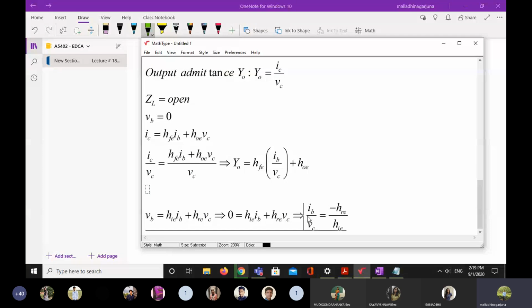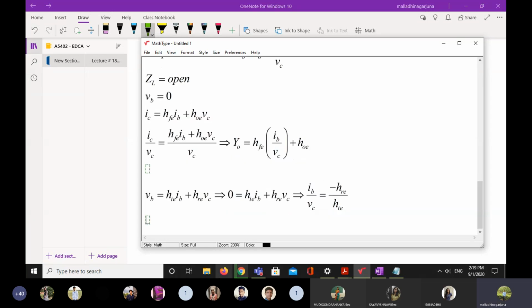You bring one term to the LHS side, so that becomes minus. If you bring this, minus HRE VC equal to HIE IB. So IB by VC equal to minus HRE by HIE. So from this you can write IB by VC as minus HRE by HIE. Now we substitute this relation in this equation. Therefore you will get our output admittance.